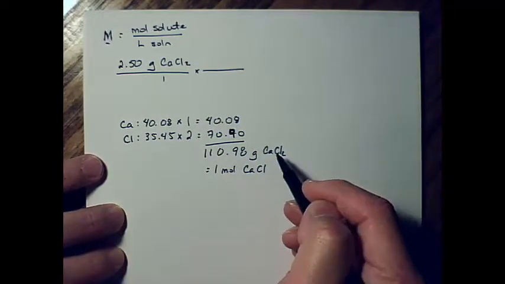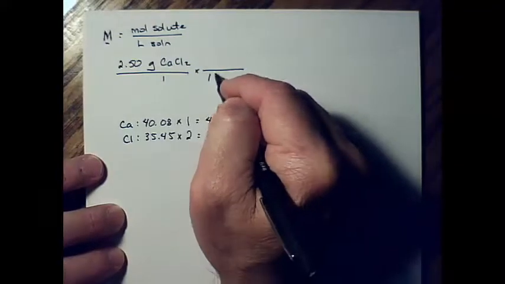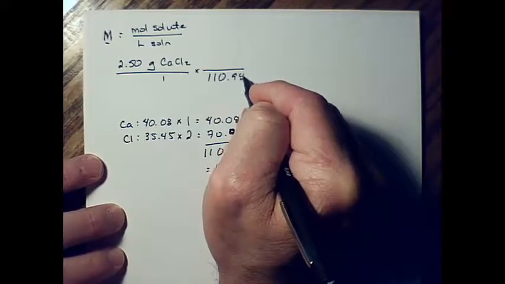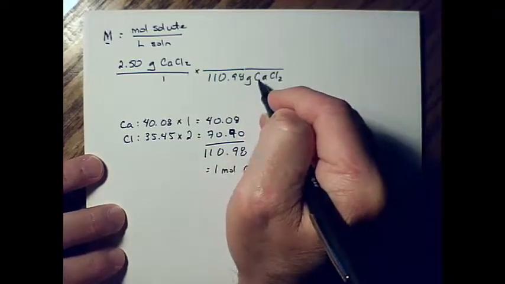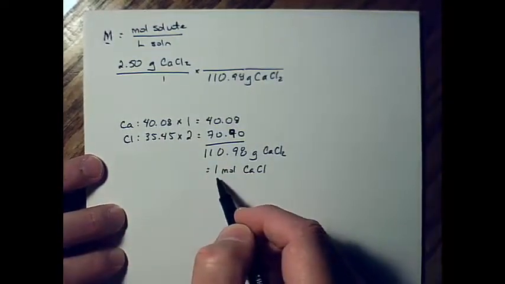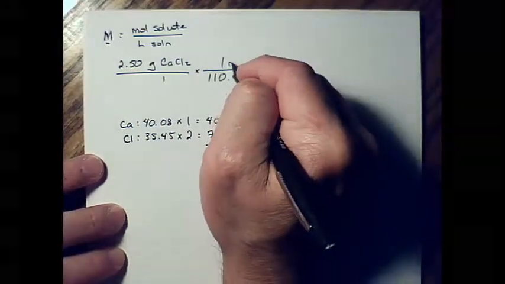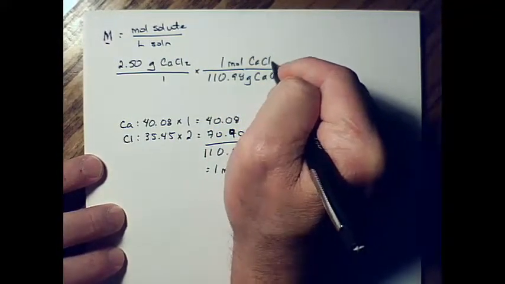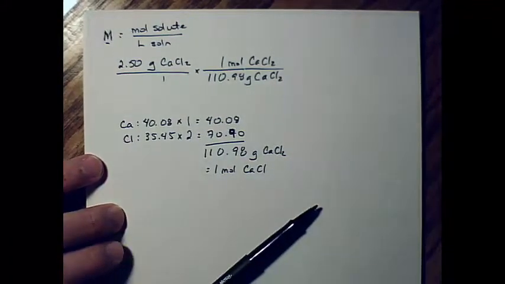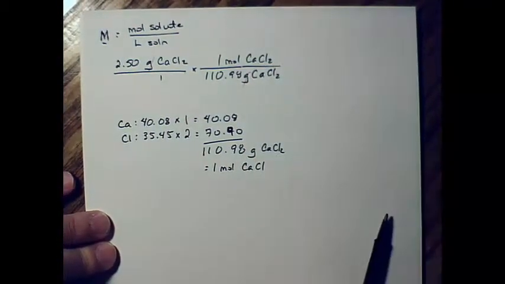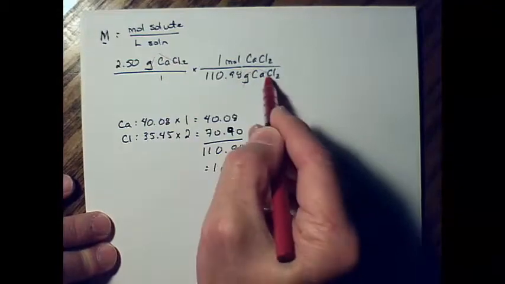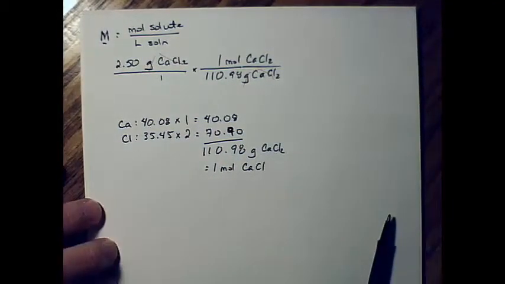We're going to put 110.98 grams on the bottom. We put that on the bottom so we can cancel grams and the species in this case. And we're going to put the 1 mole on the top. Cancel grams, just like x's and y's in algebra. Cancel calcium chloride, just like x's and y's in algebra.